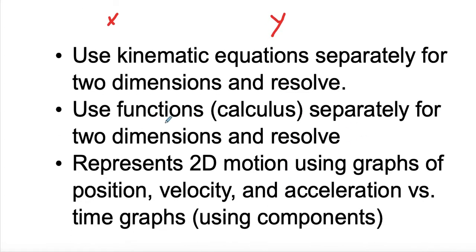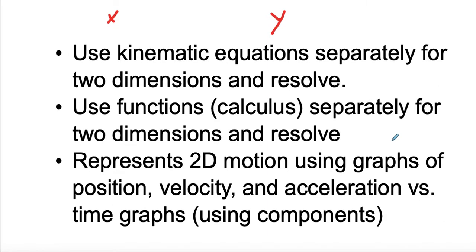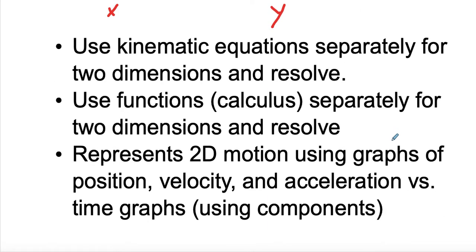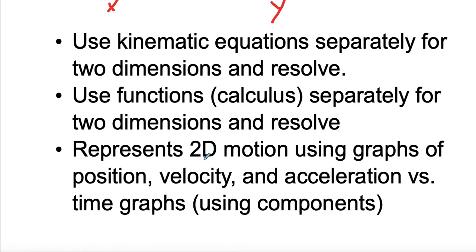You also would need to be able to do this with calculus. So know that you've got an x set of calculus derivatives and integrals, and you have a y set of calculus derivatives and integrals. Solve each one separately, and then resolve them back together. In the end, doing the exact same thing. And then for 2D motion, the graphs, position, velocity, acceleration versus time, you would need to know those. You would probably just separate the x and the y part to describe those.